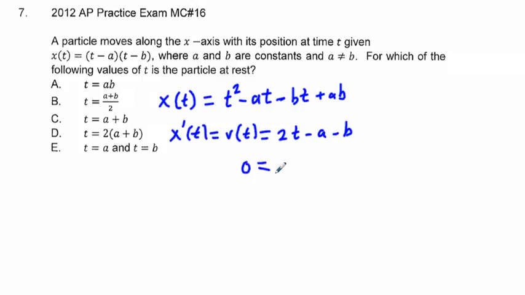So 0 equals 2t minus a minus b. Adding a and b to both sides of this equation, we have a plus b is equal to 2t. Dividing both sides by 2, we get (a plus b) over 2 is equal to t.